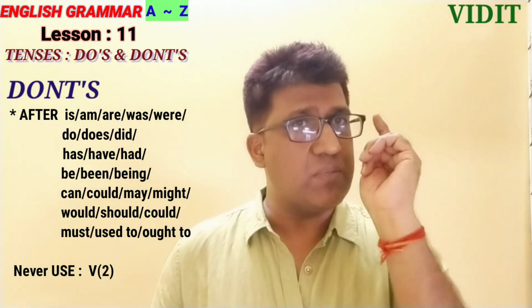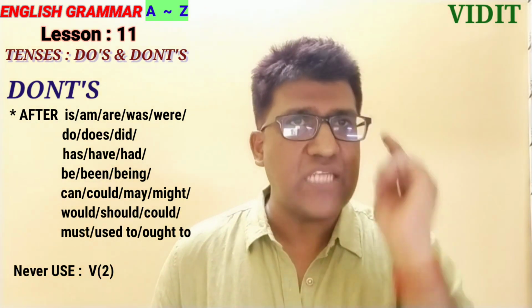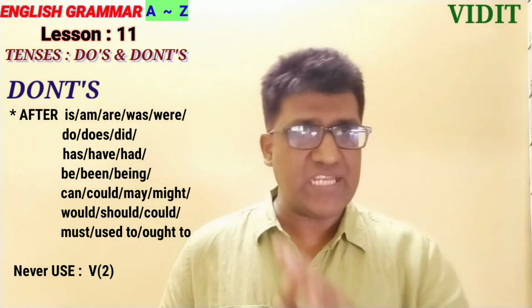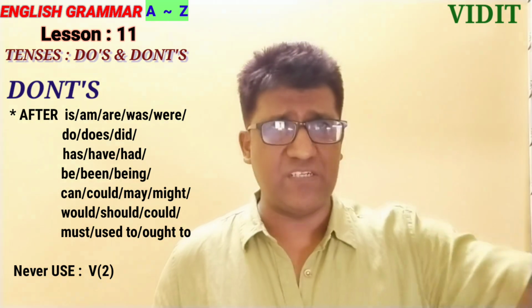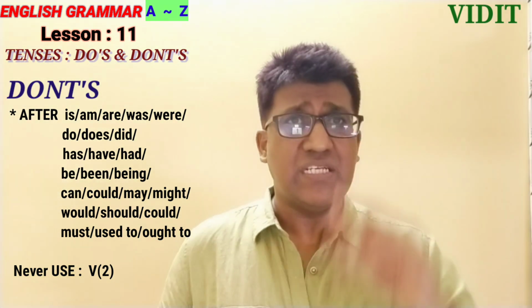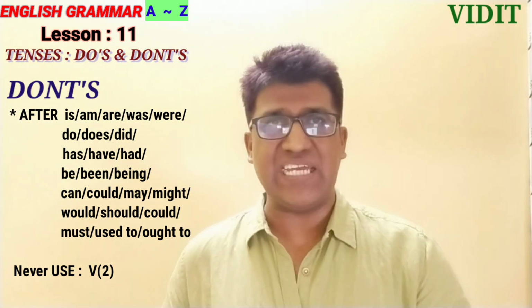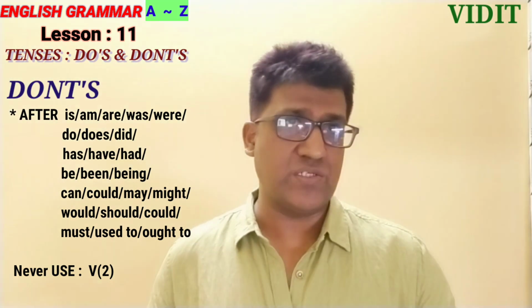It implies that the second form is always alone. It means the first form, ing form and third form can come with different helping verbs or auxiliaries, but the second form never comes with any other helping verb. It doesn't carry any helping verb or auxiliary along with it. Isn't it interesting to understand?